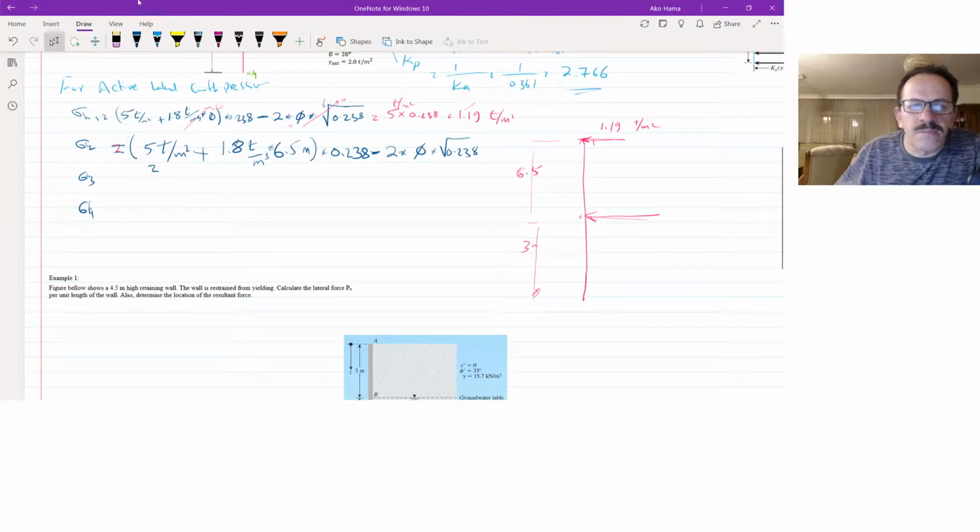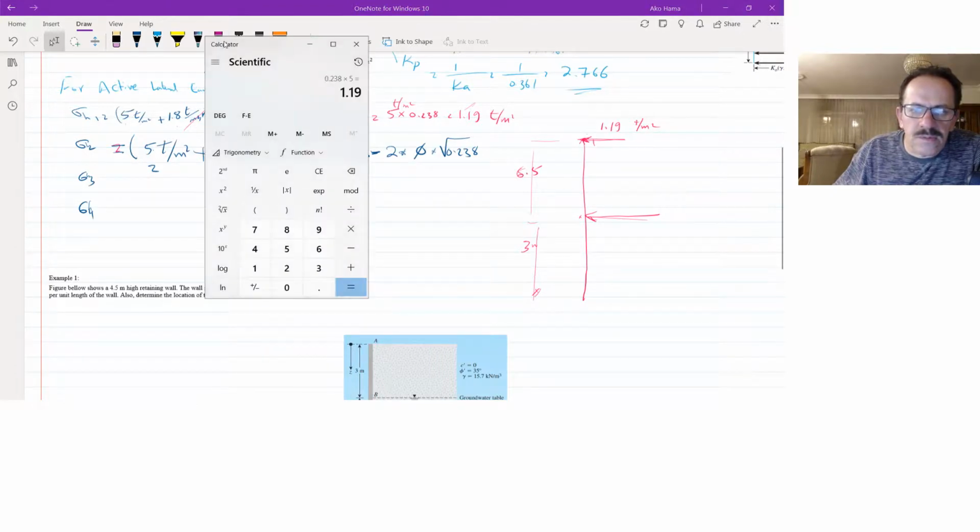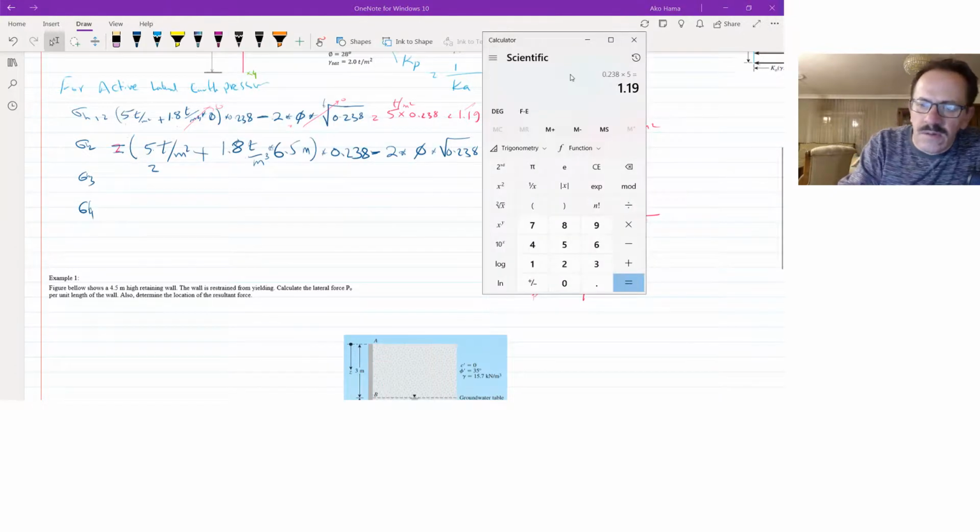It's 5 plus 1.8 times 6.5, the result is 16.5, times 0.238.